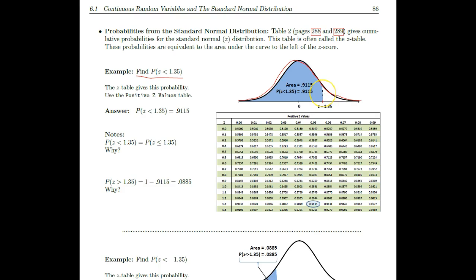What would be the probability of picking some random data value that has a z-score less than 1.35? And so you see here's your normal distribution. What we're trying to find is the probability of this whole region to the left of our z-score. One way we can calculate that is to calculate the area underneath this curve right here, this little section here.